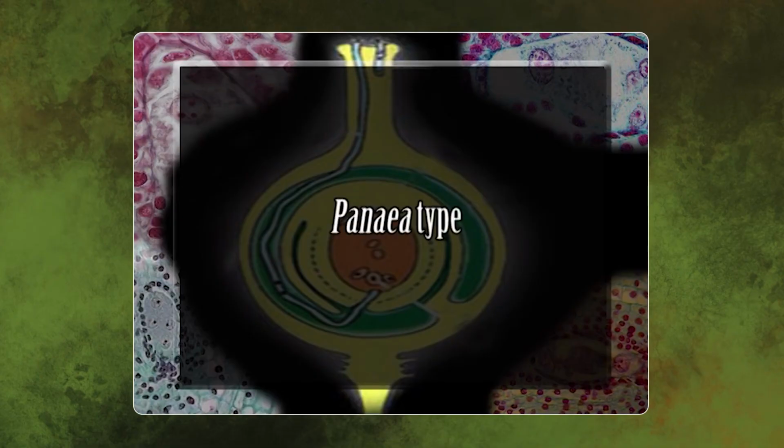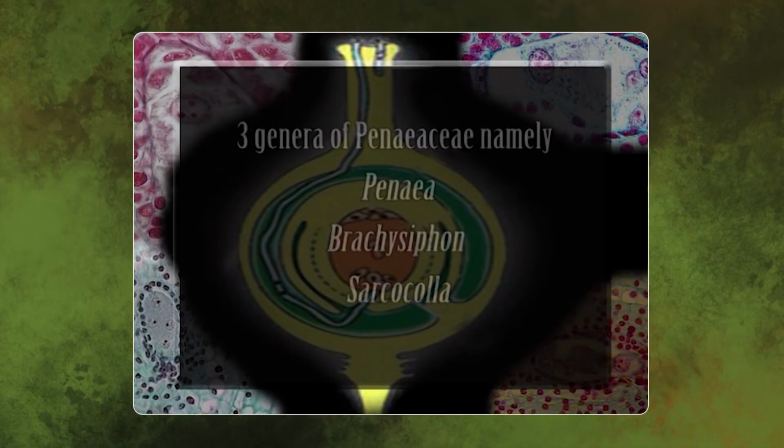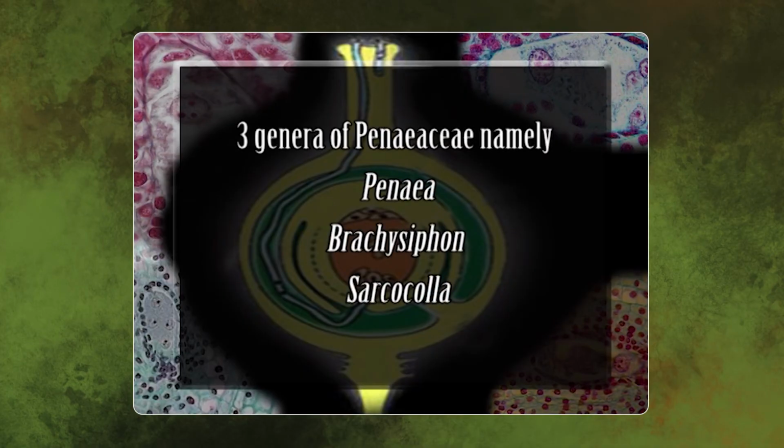Now, let us discuss Penaea type. Stephens in 1909 described this type of embryo sac development in 3 genera of Penaeaceae, namely Penaea, Brachysiphon and Sarcocolla. Here the nuclei of the coenomegaspore take up tetrapolar arrangement and divide twice to form a 16 nucleate embryo sac.